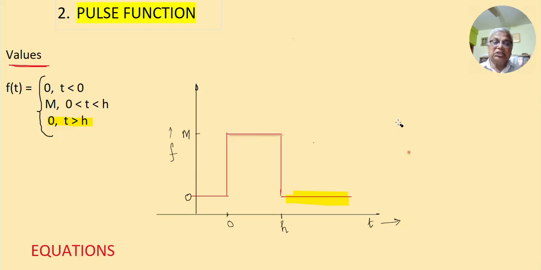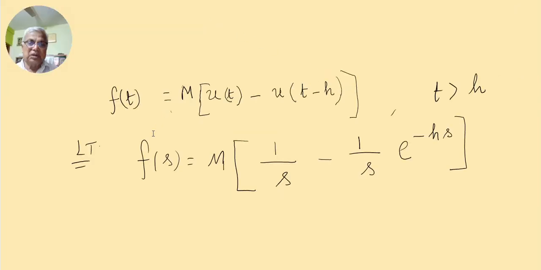Okay. So this is pulse function, and we have seen the equation for this. f of t equal to m into u of t minus u of t minus h for t greater than h, and the Laplace transform is this.